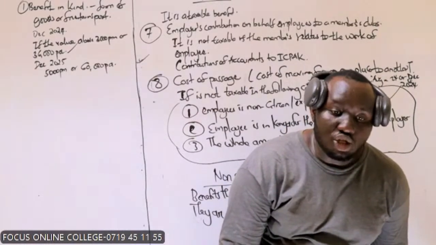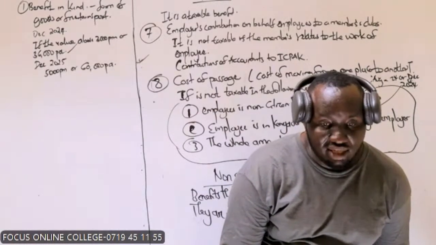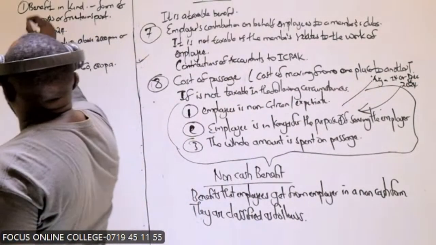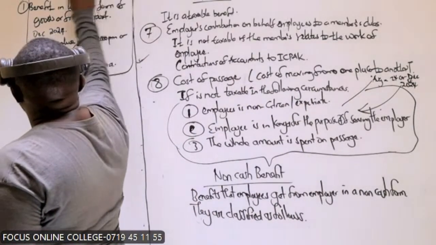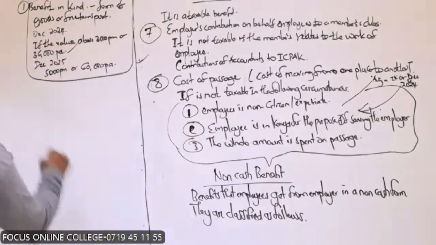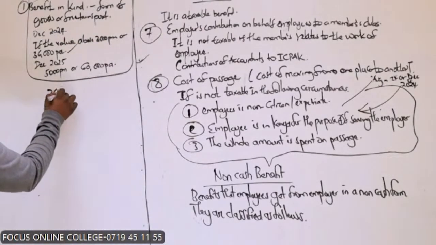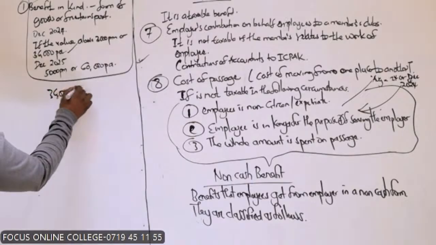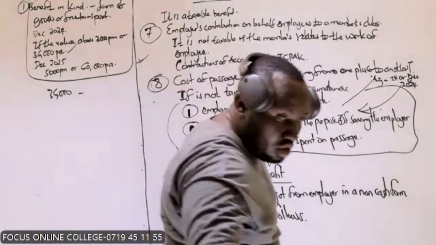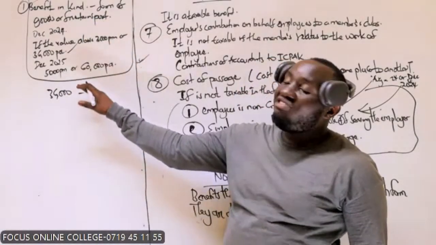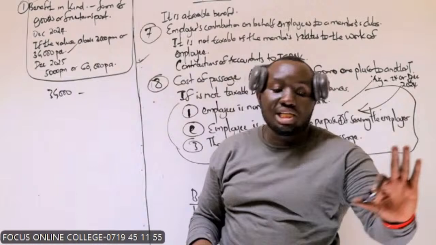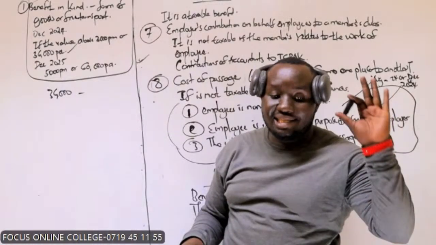Now, this is a little bit different. If you're touching on questions that pertain to 2024, if the value is above 36,000, you tax the whole amount. You don't deduct the threshold.